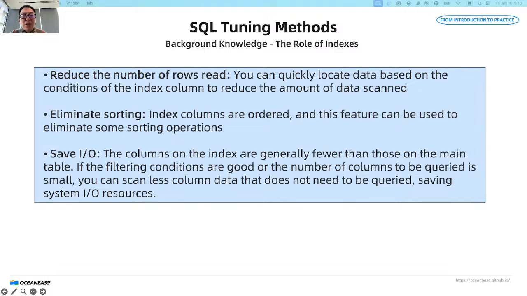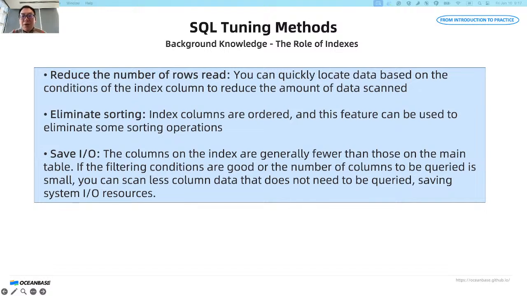The first advantage of an index is that it can quickly locate data and reduce the amount of data scanned. This is because the filter condition on the index column can be converted into the start and the end position of an index scan.